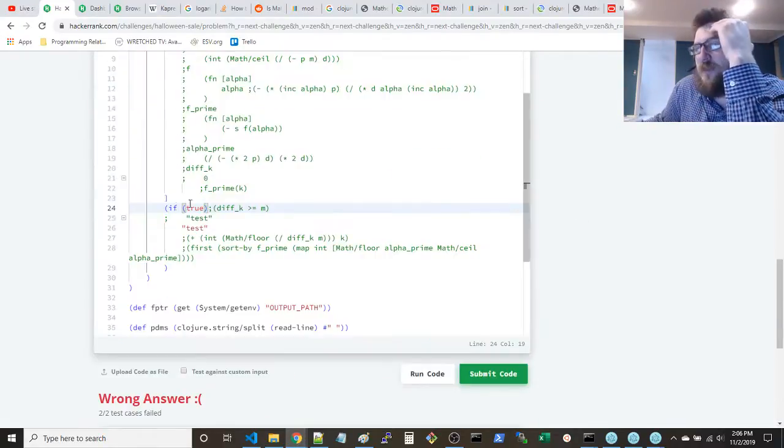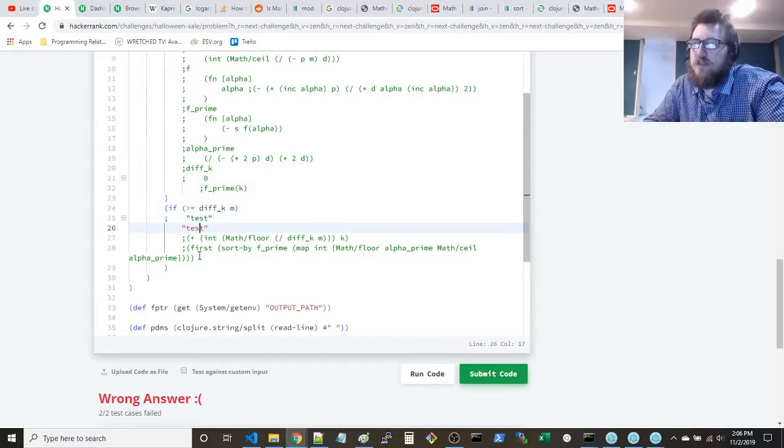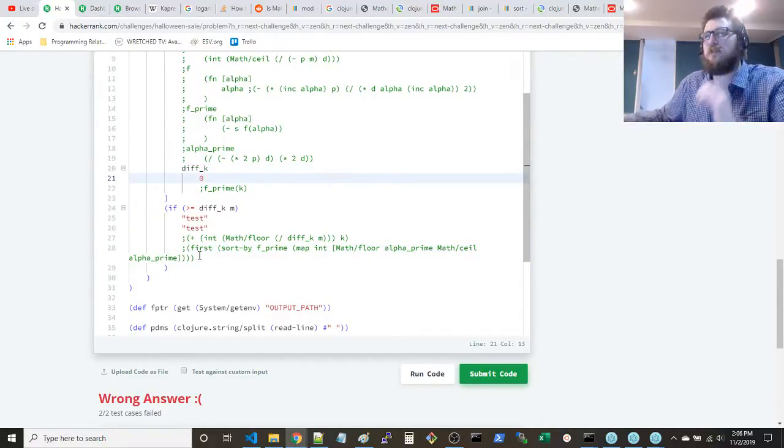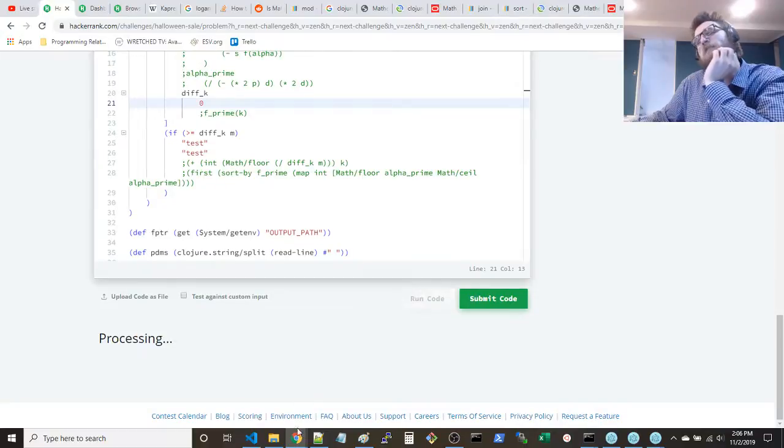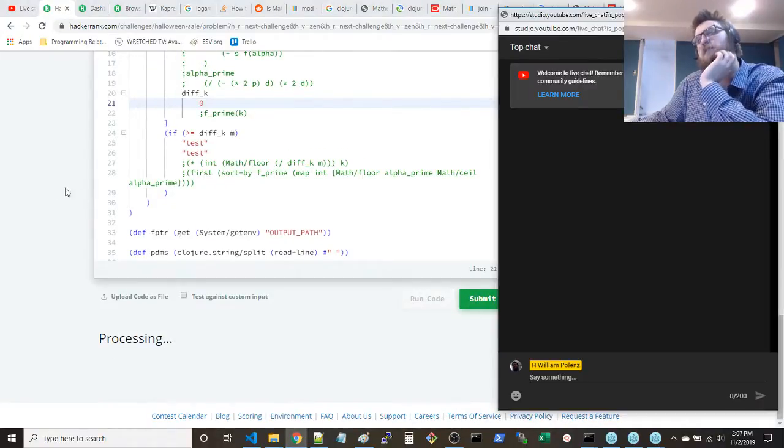Okay. Let's see. Oh, I know why. Oh my goodness. Holy smokes. It's going to take me a while to really get used to Clojure. These are the kind of pains you've got to go through to really understand what you're doing, because you've got to get used to the Lisp syntax.